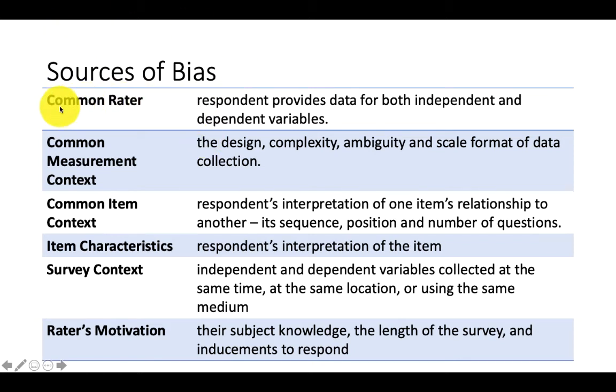For example, common rater: you collect data from a single source, a single respondent, right? Common measurement context, probably the design. Typically when we ask questions, for example the variable service quality, we would have service quality 1, service quality 2, service quality 3.